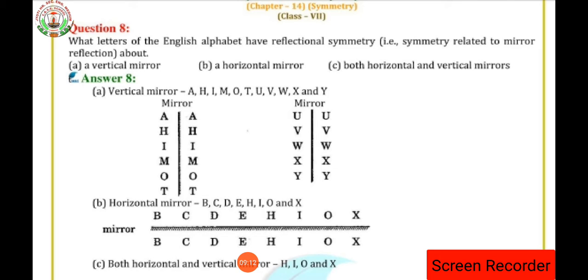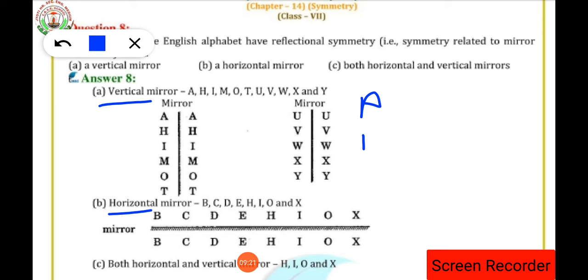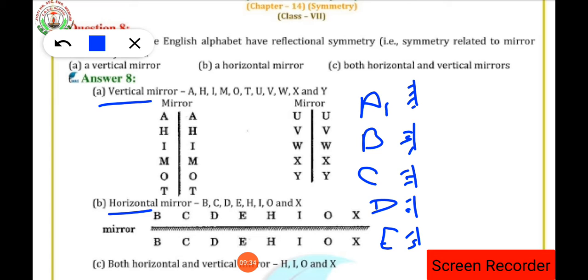Okay, so let's see, students. First, what you have to do? You have to write the alphabets in a vertical and horizontal form. Suppose A, B, C, D, E, like that, write all the alphabets and draw their mirror images. You know how to draw the mirror image, isn't it? So how will the alphabet look in the mirror?